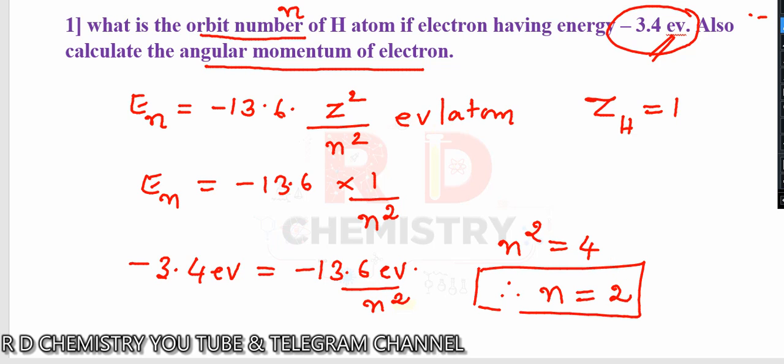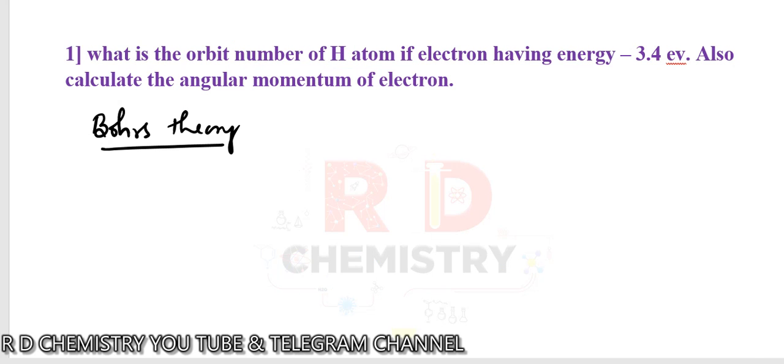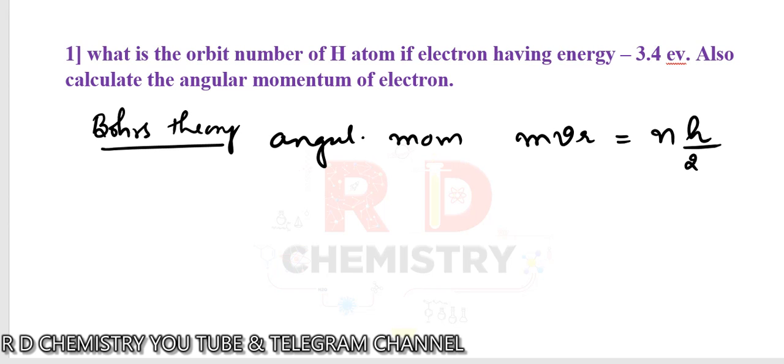Correct? Now we have to calculate the angular momentum of the electron. How to calculate? According to Bohr's atomic theory, the angular momentum of the electron, mvr, is equal to nh divided by 2 pi. This is one of the postulates.